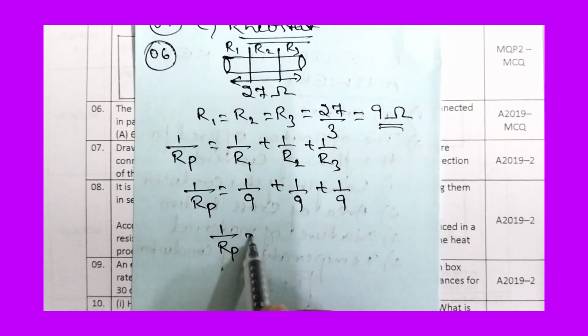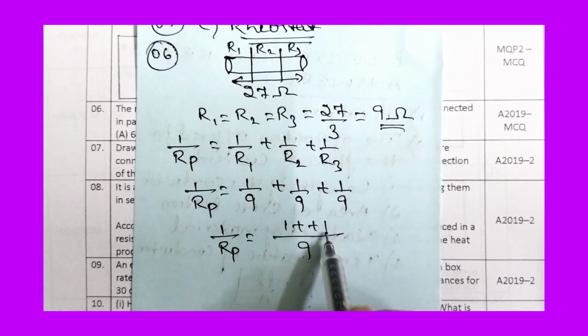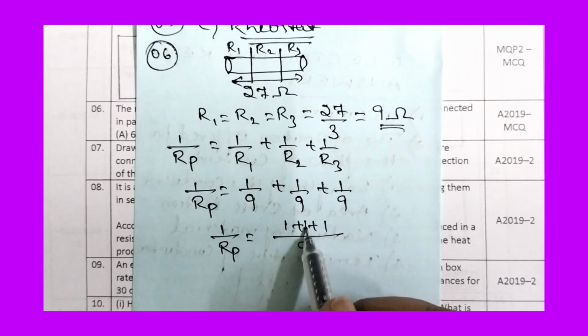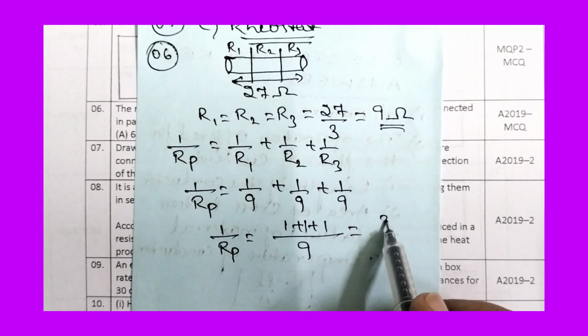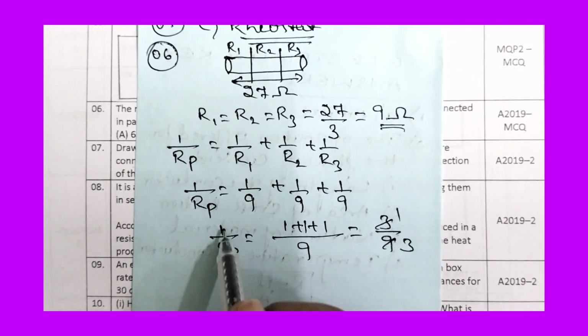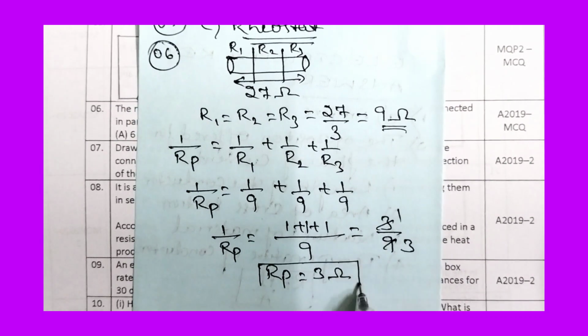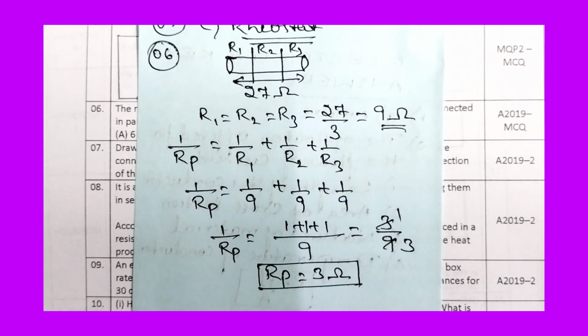So denominators are same, add the numerator. So it will become 1 plus 1 plus 1, which is equal to 3/9. 3 1s are 3, 3 3s are 9. Reciprocal of 1/Rp, reciprocal is 3. Therefore the total resistance is equal to 3 ohm when they are connected in parallel.